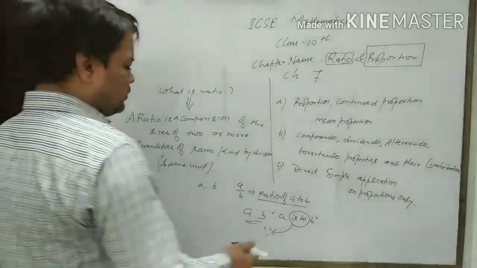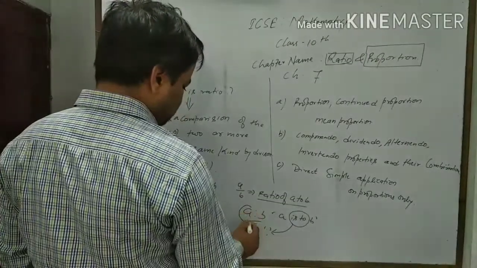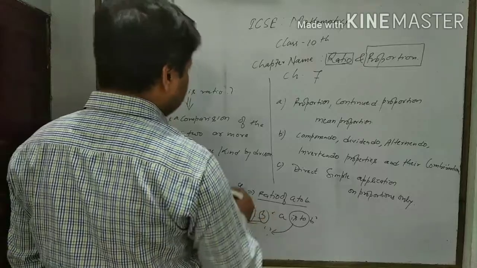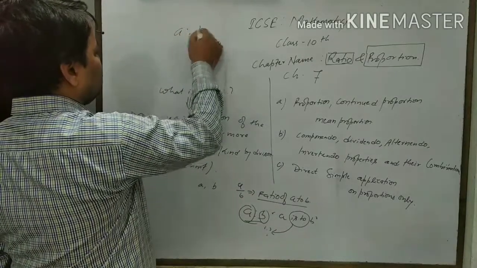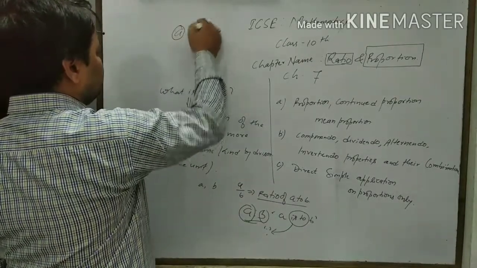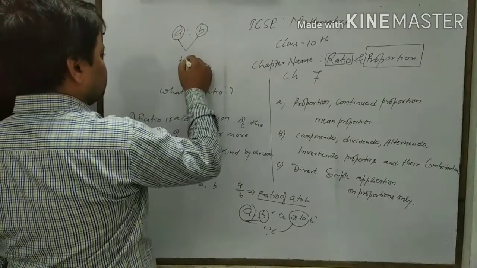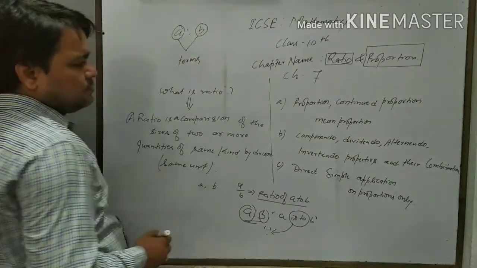Here each value, this a and this b, is called a term.